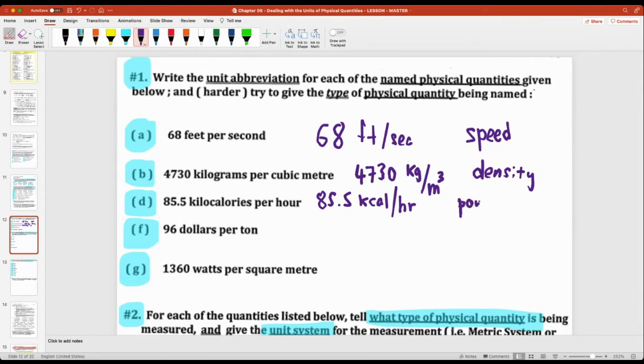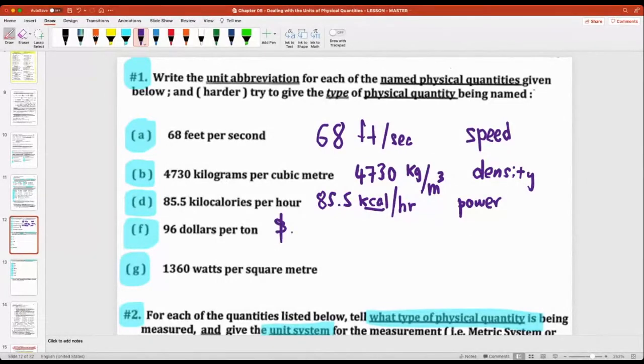Power represents energy consumption. And calories are a form of energy. You might most commonly see calories when you're exercising or eating food. You'll look at the labels and it'll say so many calories of energy, and that's the energy your body converts into useful work to do things. But yeah, power is the correct answer there.